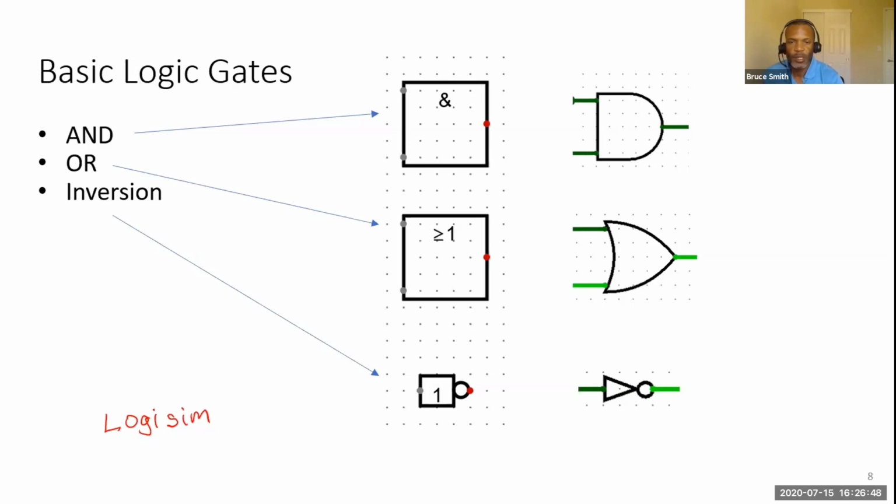So the more common way of representing an AND gate is to use this type of diagram, or schematic diagram. And this is the more common OR.